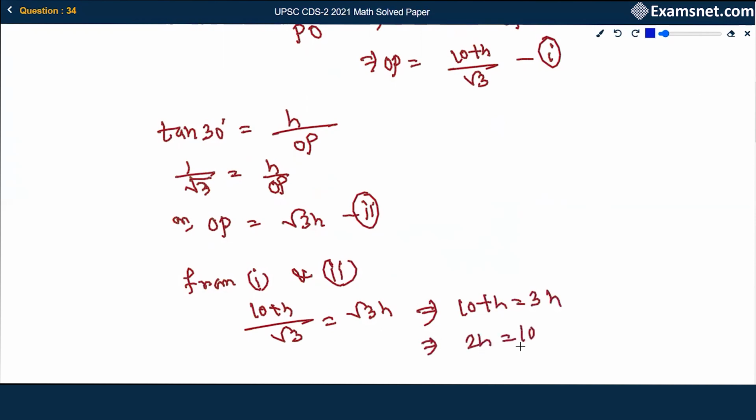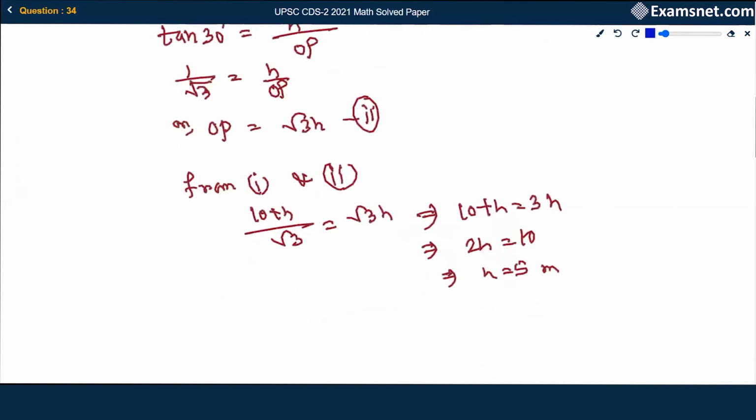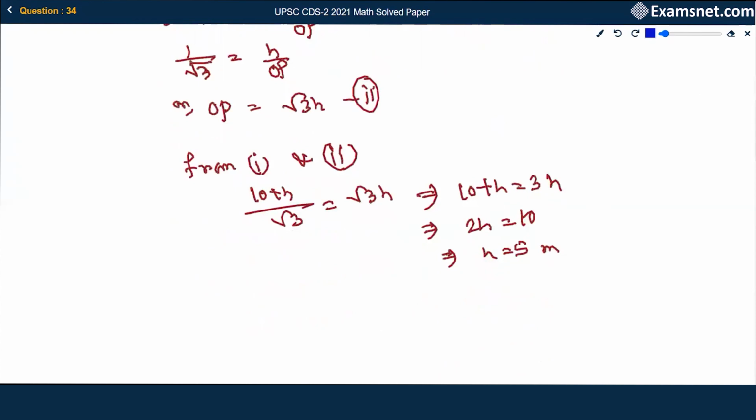So 2h = 10, h equals 5 meter. So the height of the flagstaff is h + 10.